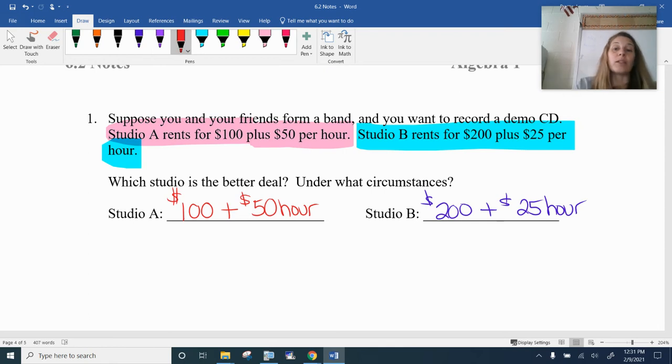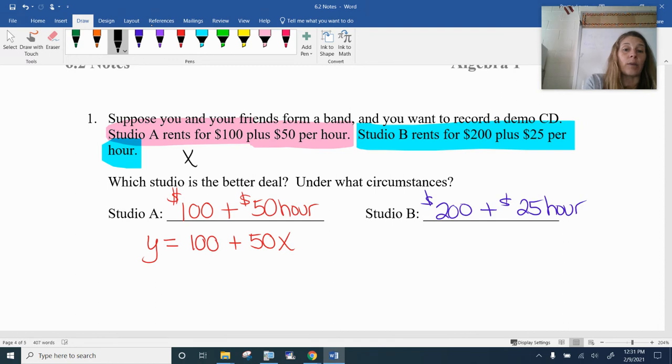So when we write this into equations, we want to use y equals mx plus b. So Studio A equals 100 plus, and then we can make the hours be x. Okay, so we're going to say, all right, x is going to represent the hours, and y is going to represent the total cost.